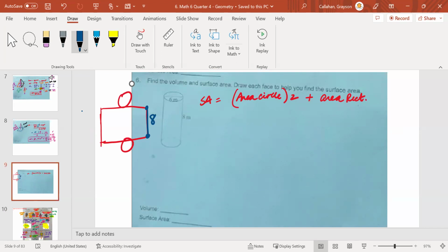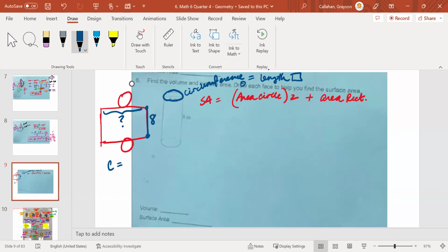Now, to figure out how long this part is, this is going to be a little bit weird. You will have to find the circumference of the circle. Do you see how this right here is a circumference? That circumference of the circle is going to give you the length of the rectangle.